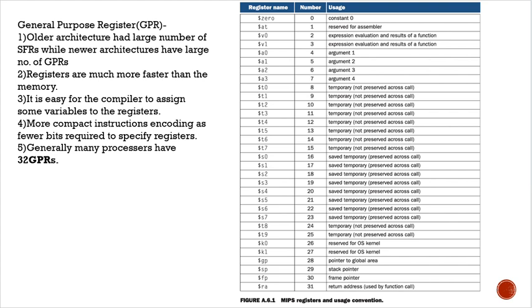There are some saved temporary registers which can be preserved across calls, and along with these there are some registers like stack pointer, frame pointer, pointer to global area, etc. You can refer to this chart for the total 32 GPRs present in the MIPS 32 processor.